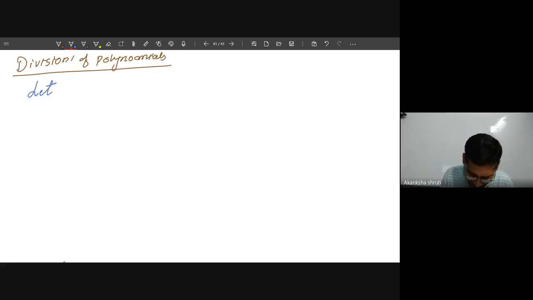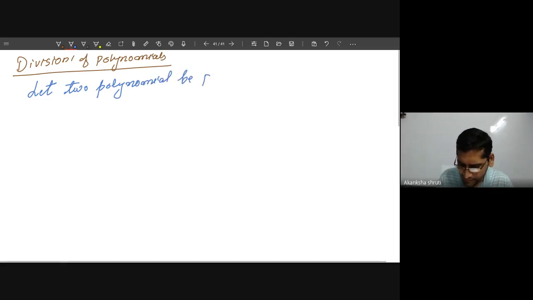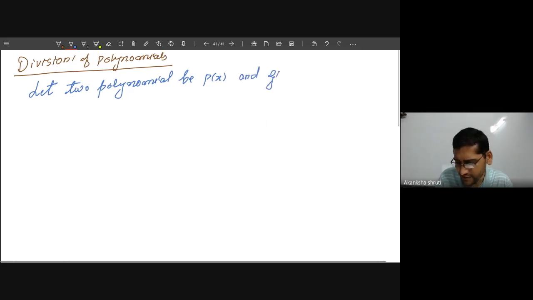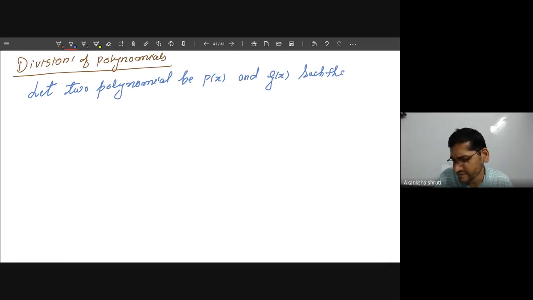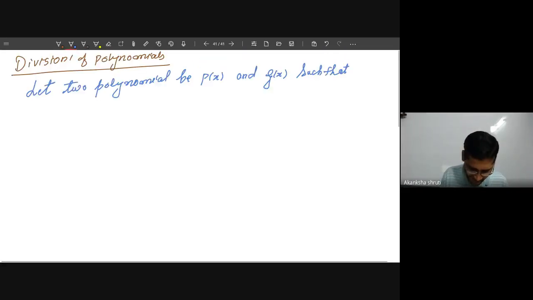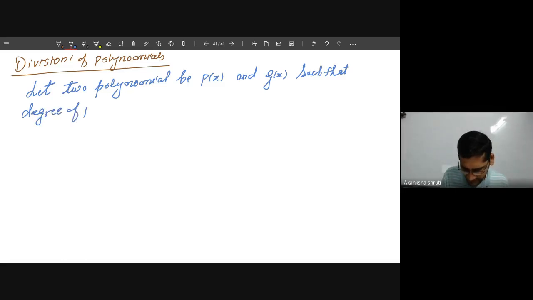Yes, let two polynomials be p(x) and g(x) such that the condition is that the degree of p(x) is either greater than or equal to the degree of g(x).